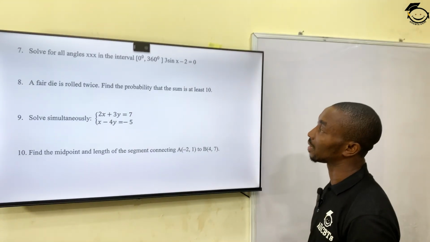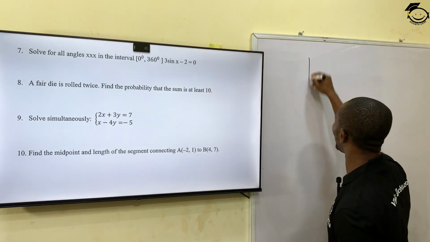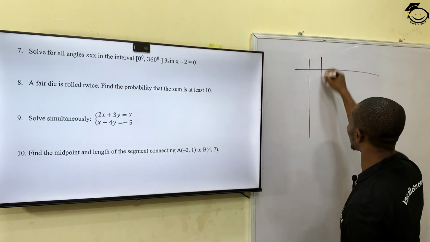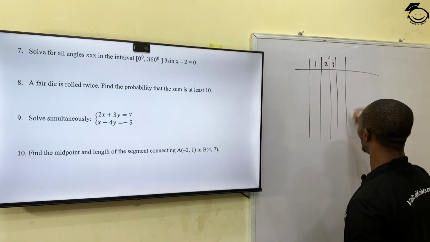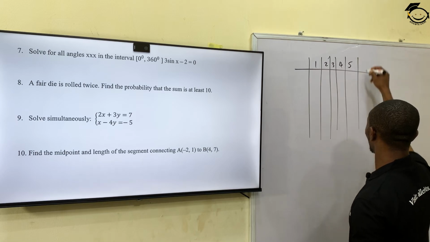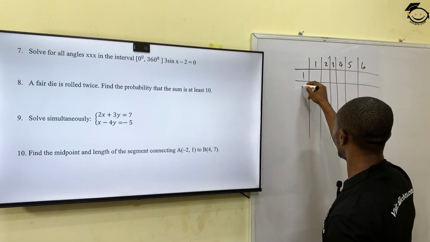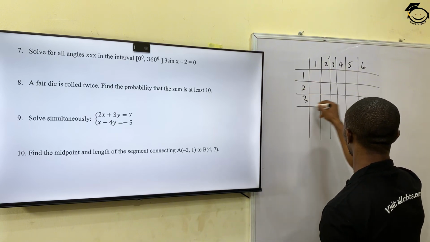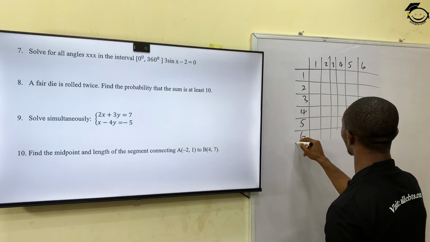A pair of dice is rolled twice. Find the probability that the sum is at least 10. Let's look at our probability chart for two dice. We have 1, 2, 3, 4, 5, and 6 for the first die, and for the second die, 1, 2, 3, 4, 5, and 6.